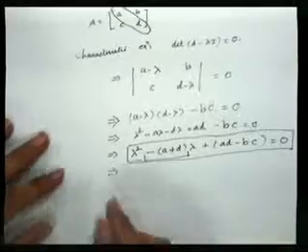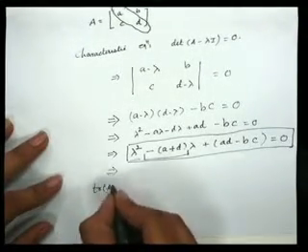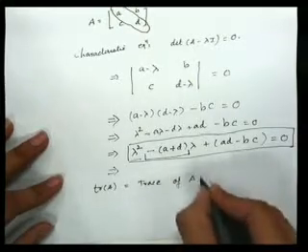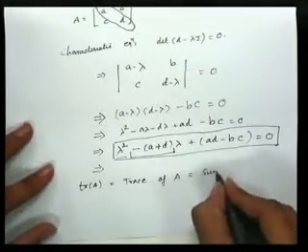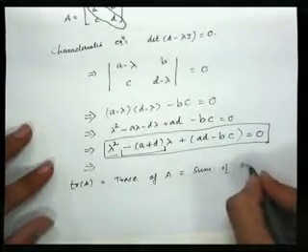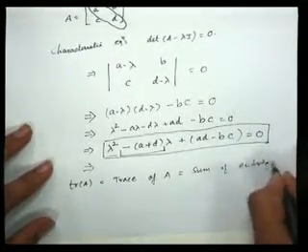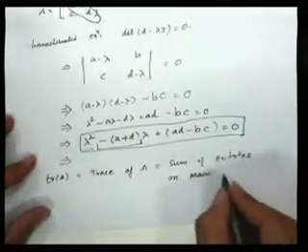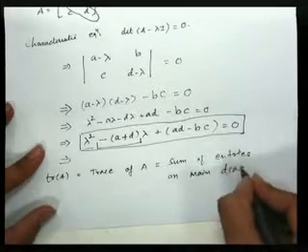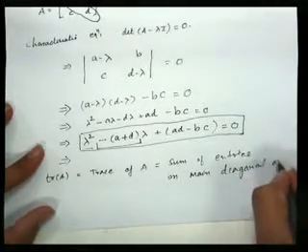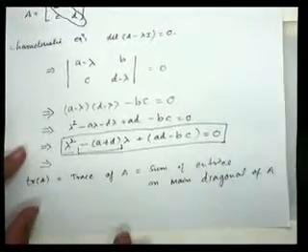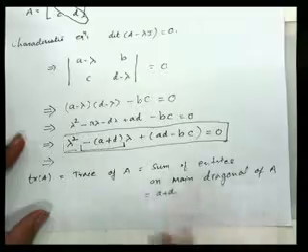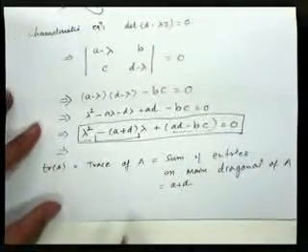That is the trace of the matrix A, the sum of entries on the main diagonal of matrix A. So here it is a plus d.